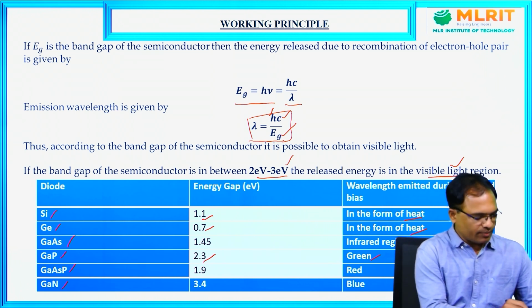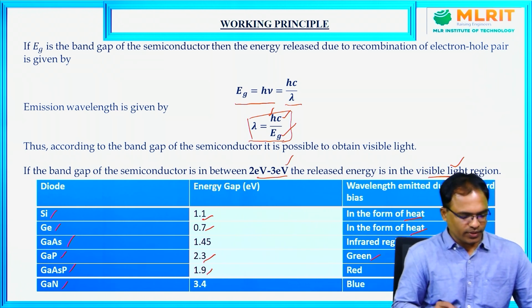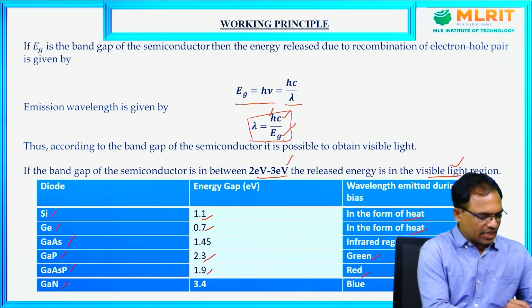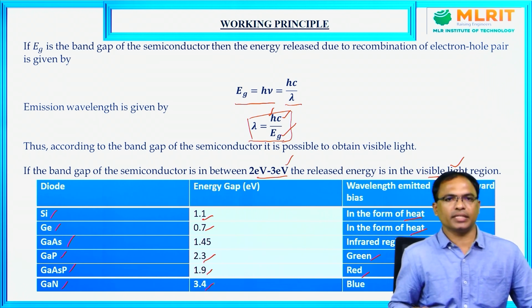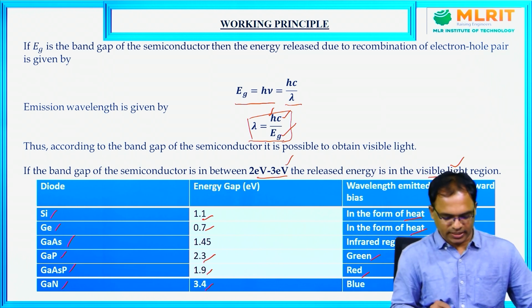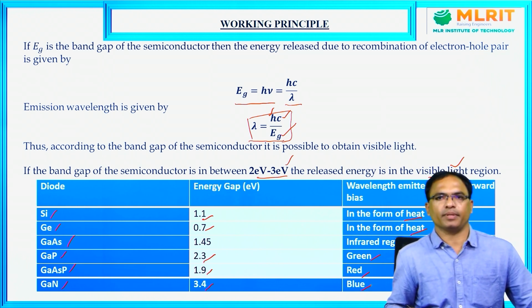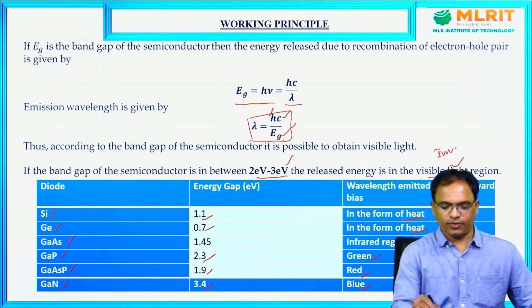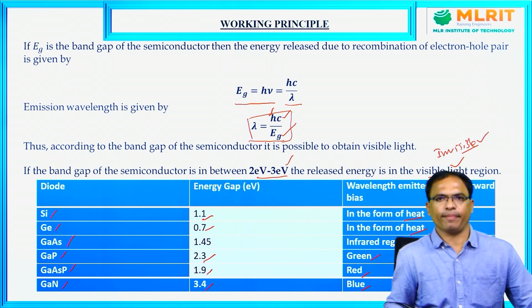When we use gallium arsenide phosphide, whose energy gap is 1.9 electron volts, red light will come out. And when you use gallium nitride, whose energy gap is 3.4 electron volts, blue color emission takes place. Not only visible light, sometimes invisible light also comes out from the LED.